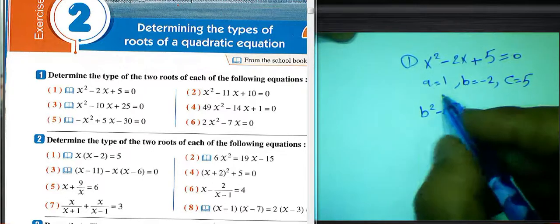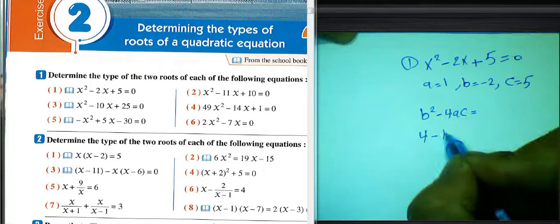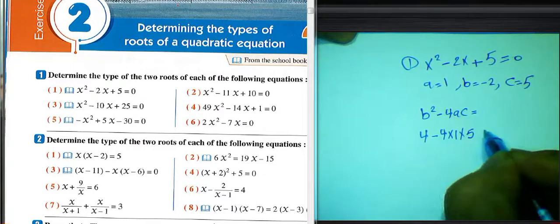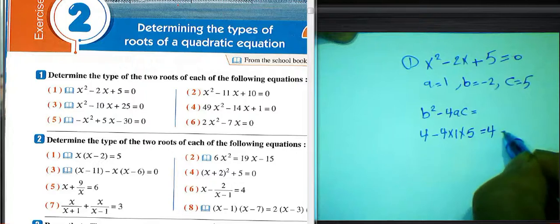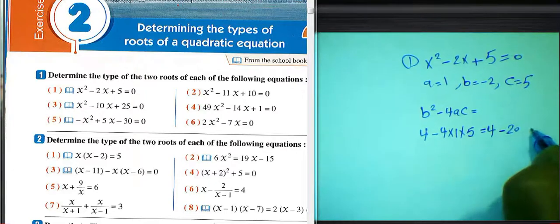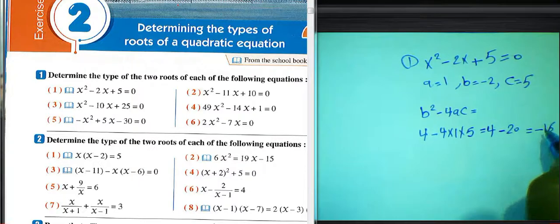Solve: b power 2 equals 4, subtract 4 multiply a multiply c. The result will be 4 subtract 20. 4 subtract 20 equals negative 16. So the result is less than 0.